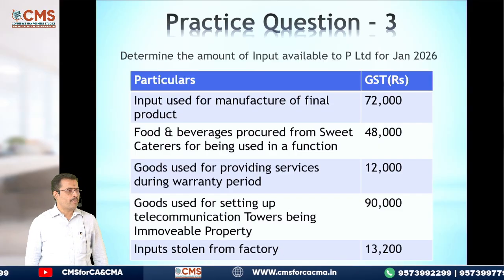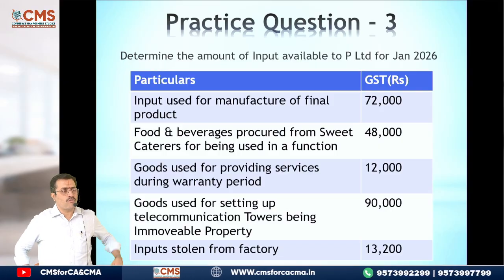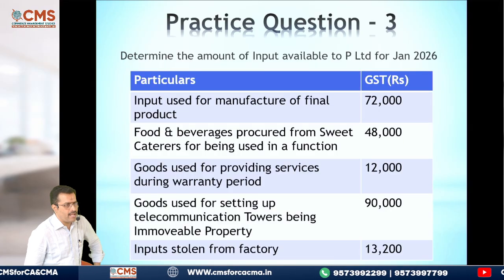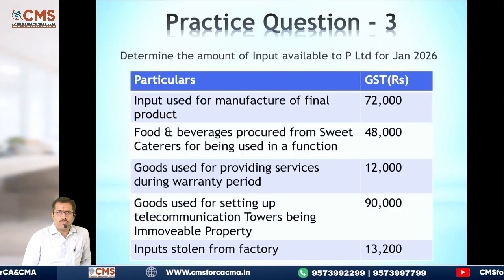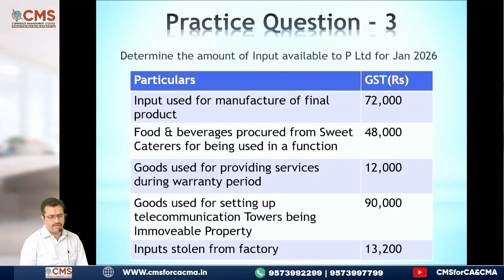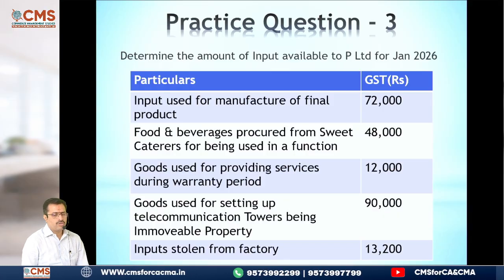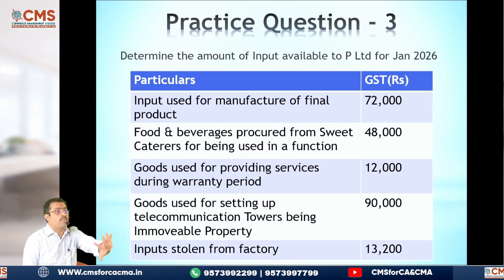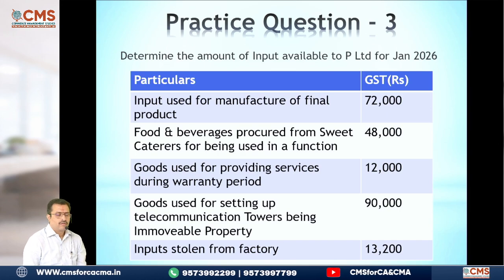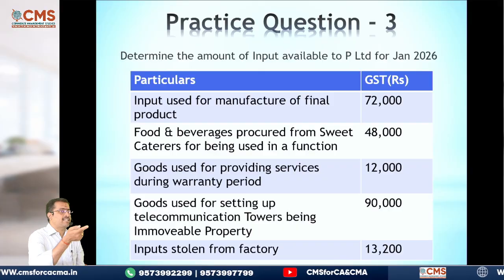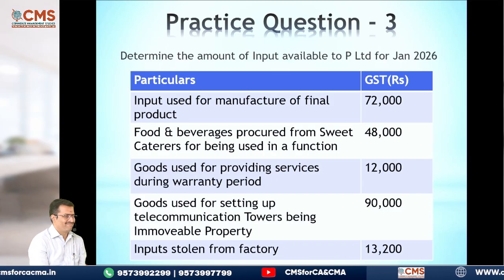Goods used for providing services during the warranty period. Come on. Warranty period means ultimately it will be in the course or furtherance of business. Hence, ITC is available. Then, goods used for setting up telecommunication towers being immovable property. Come on. Are they available or not? They will be available because telecommunication towers are plant and machinery.